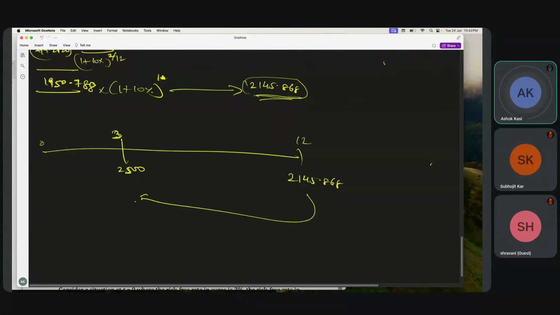Now you bring it here so that you can compare. So 2145.868 divided by 1 plus 10 percent raised to 9 by 12, because it is a 9 months gap. Calculate now.